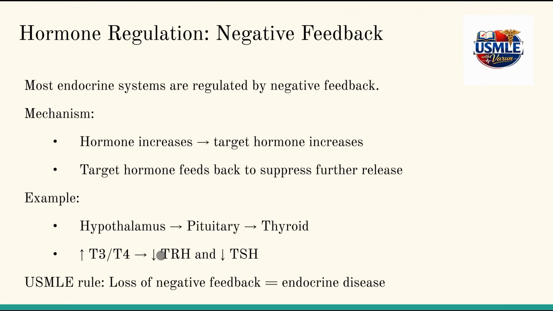So whenever there's an increase in T3 and T4, a negative feedback mechanism starts, which reduces the TRH and TSH, leading to reduction in the T3 and T4 levels. Whenever there's a loss of this negative feedback, there's a possibility of an endocrine disorder.